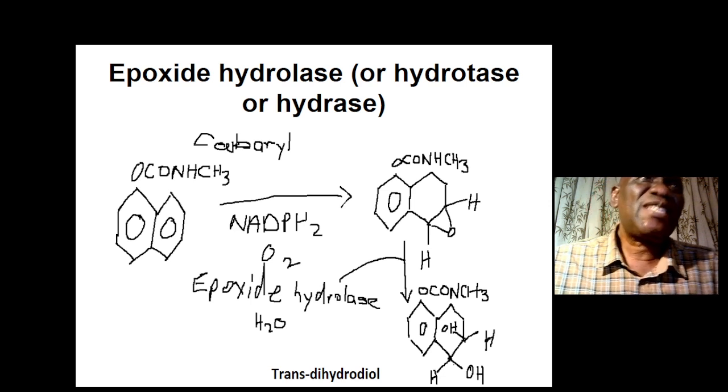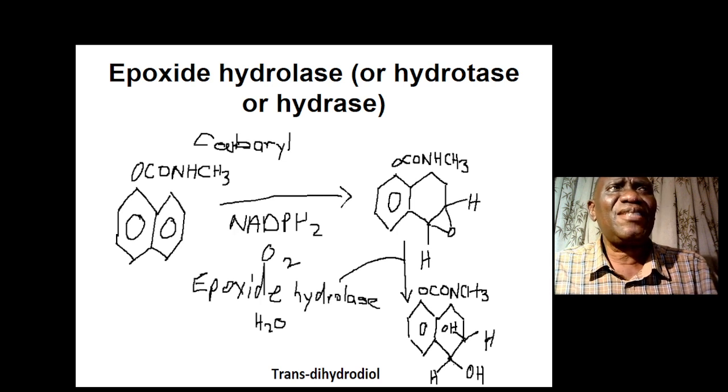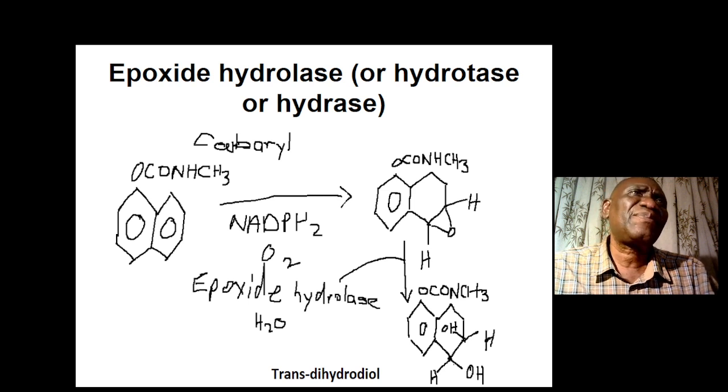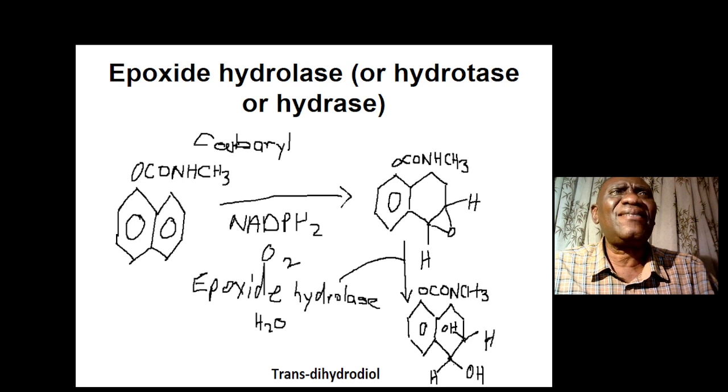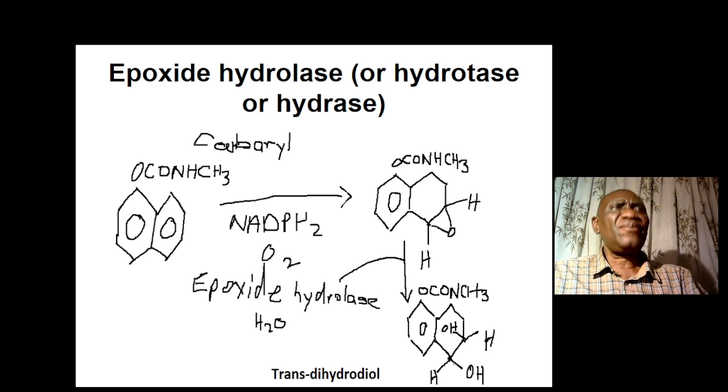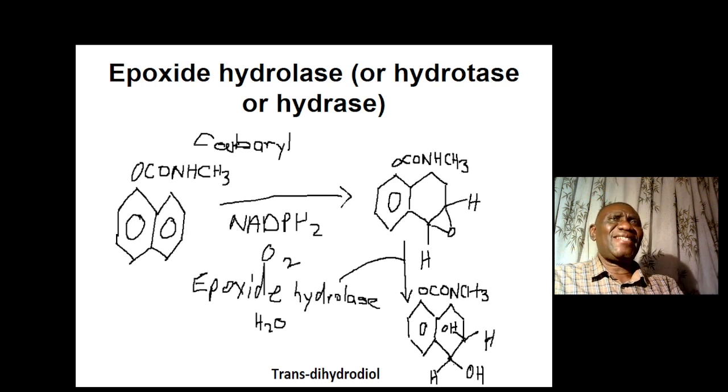We also have a special hydrolase which is known as the epoxide hydrolase. When we talk about cytochrome P450, it also does the same thing, like epoxide hydrolase or hydrase. Now, if we look at carbaryl, which is also an insecticide, it has this structure. It has two benzene rings which are fused together.